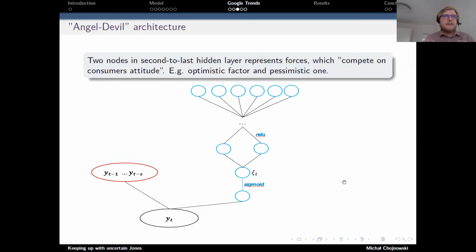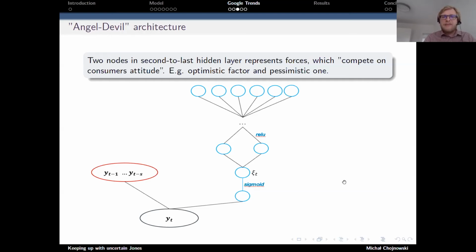The neural network architecture that I have named assumes that there are two nodes before the last node of the market sentiments, and it represents that there are some forces which fight over how people think about the market.